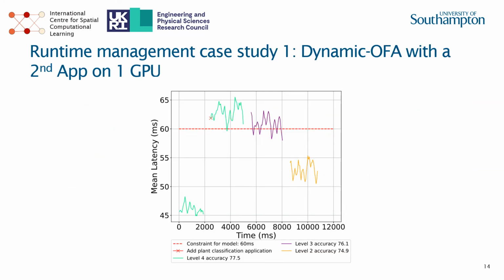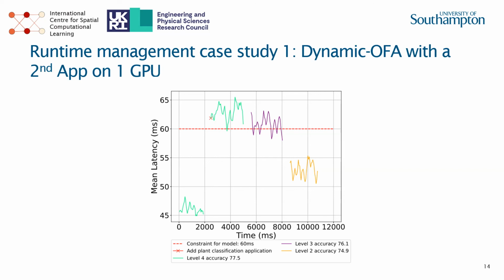Here I want to give you some case studies. Here we run Dynamic OFA with a second model sharing one GPU's resources. The x-axis is real time, the y-axis is the latency of Dynamic OFA. As shown in the figure, at about 2.5 seconds, we deploy the second application, and you can see the green line, which is the latency of Dynamic OFA, suddenly becomes much slower because the second application uses a lot of GPU resources.